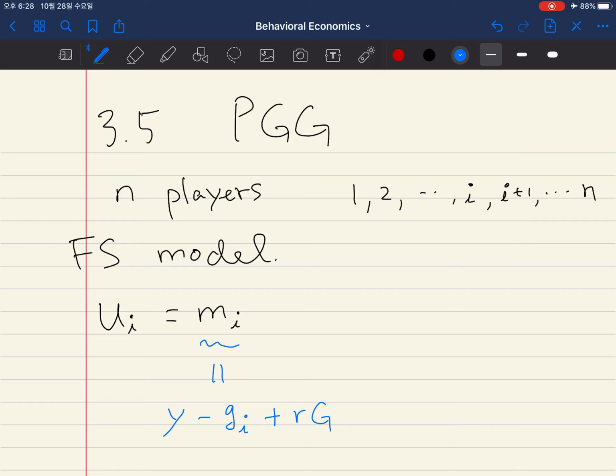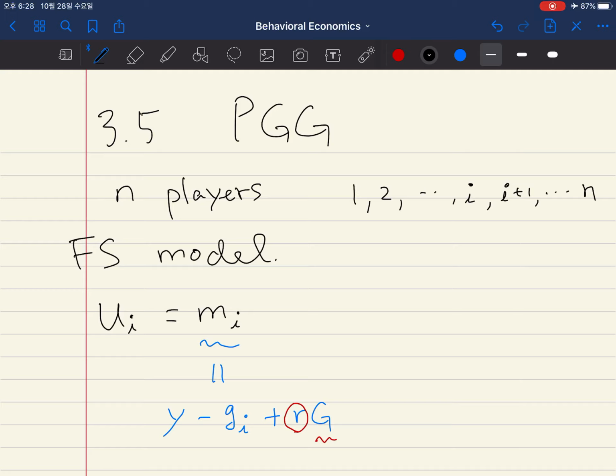RG, this is benefit from public good. So large G is total amount of public good in this group. And out of this public good, this individual obtains benefit with the rate R. And we know that R is a number less than 1.